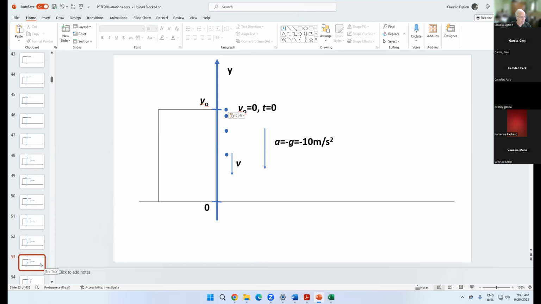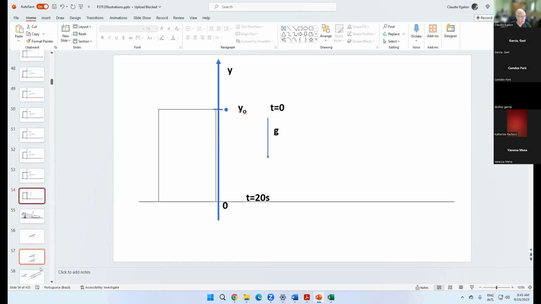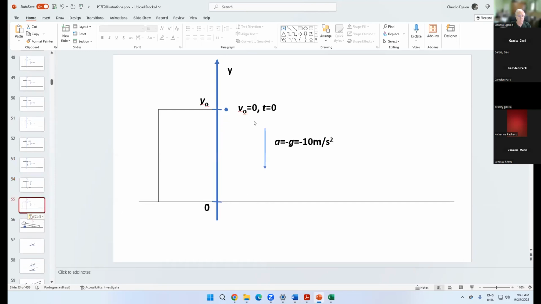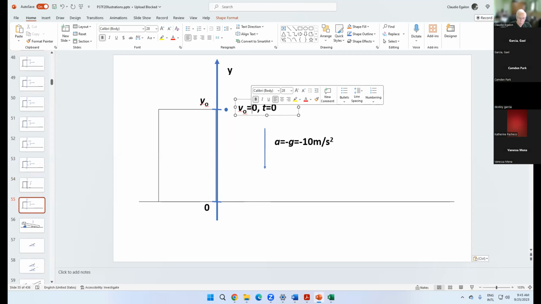Let's do this motion diagram. Oh, here we go. Okay, now it's going to be different. I need this one here. We did that, but now we are going to propel the particle upwards at 20 meters per second.